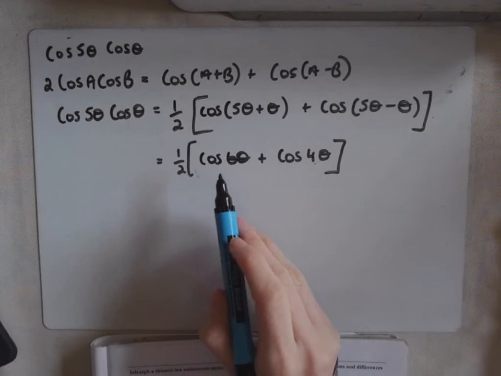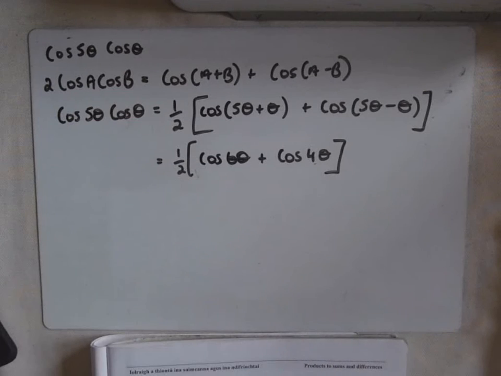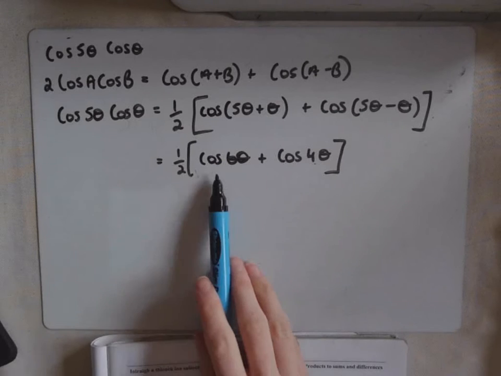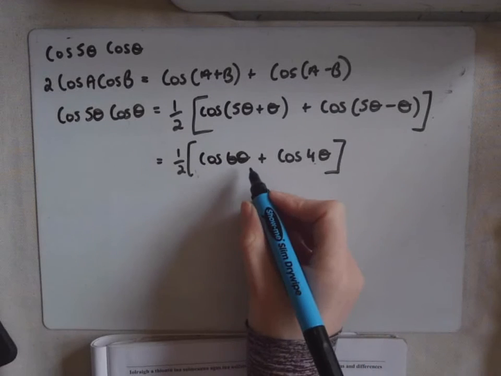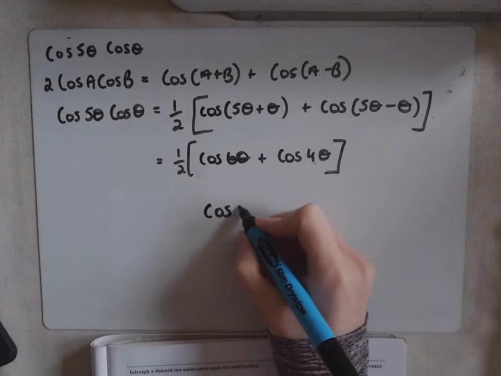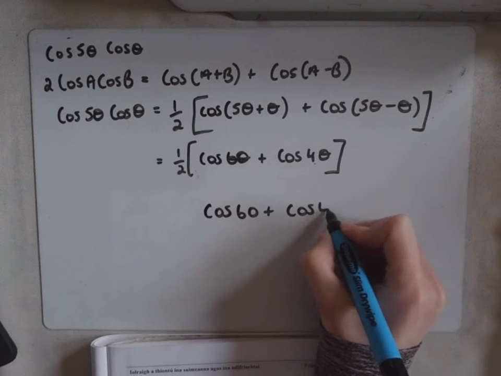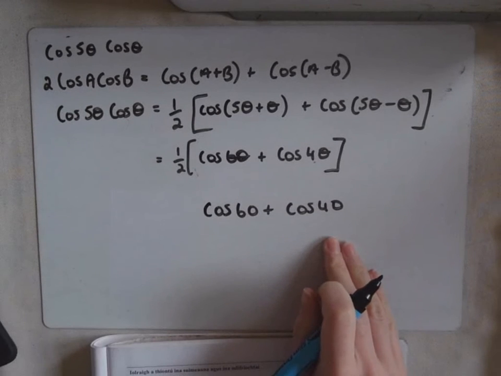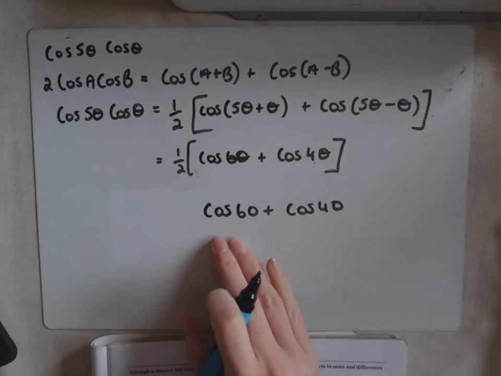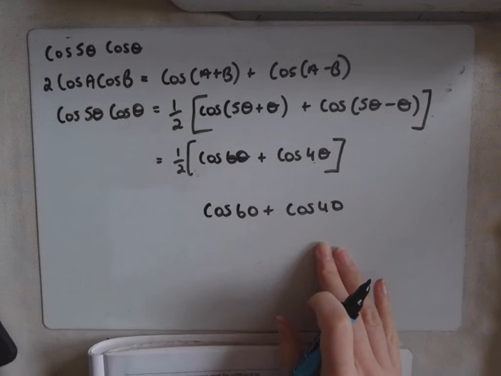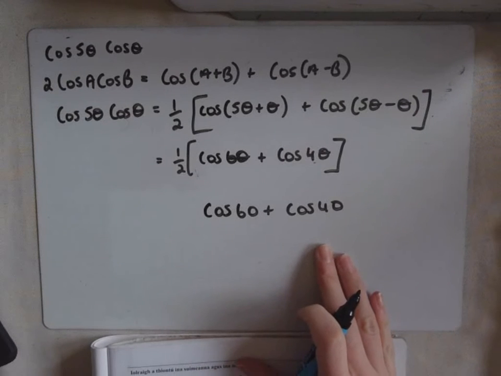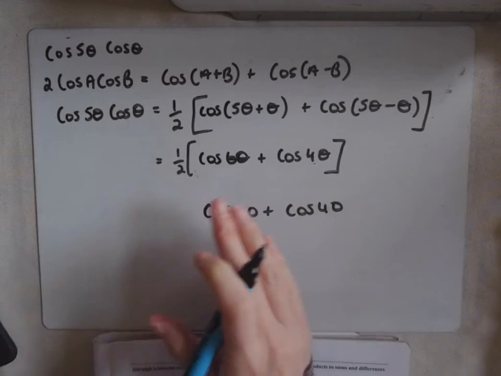So it's just a half cos 6 theta. Okay. And would you not add the two cosines? I can't, because again, it's like saying if theta was 10, this would be cos of 60 plus cos of 40. They're both functions. Okay, so you can't say cos of 60 plus cos of 40 is cos of 100. That's not the way it works. Okay, so you always keep them separately.